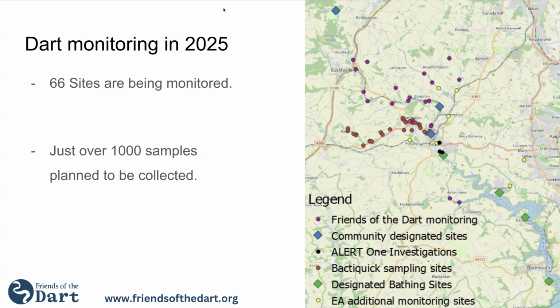So if you're seeing a spike in E. coli or enterococci at a site close to a CSO, it's very likely that this spike in bacterial levels will be as a result of that spill. So there's other data available that gives you access to determine where the source is coming from. But just an E. coli reading or an enterococci reading, we couldn't exactly tell between the two.